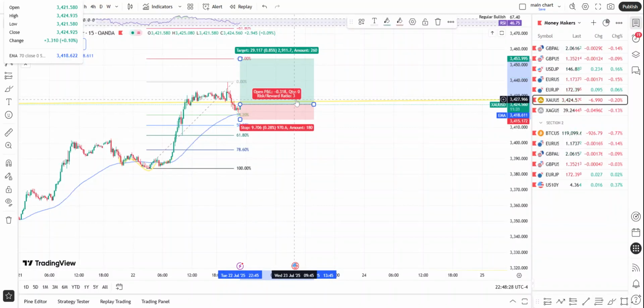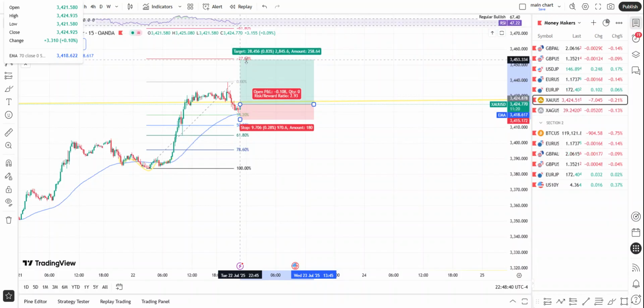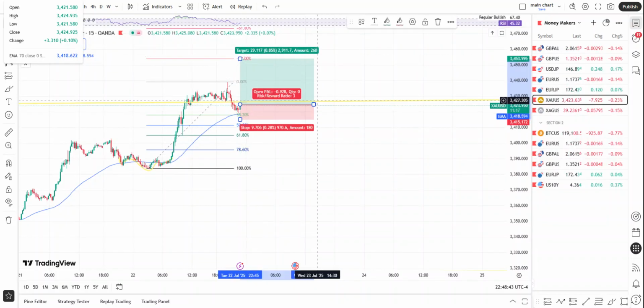That's already a 1 to 3 risk to reward ratio. And you know, on this channel we don't do less than 1 to 2. I don't know who is out there doing these 1 to 1 risk to reward ratios. That's crazy work. 1 to 2 minimum. That's how I started. That's how my fundamentals began.